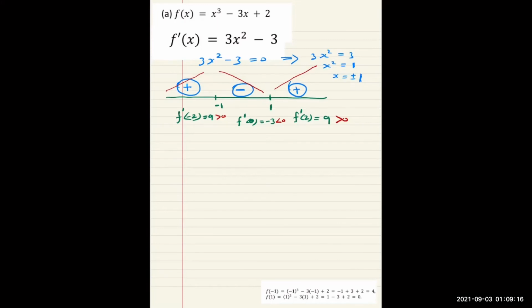Okay. Notice that my function is continuous at x is equal to -1. This is a polynomial. It's continuous everywhere. Not only continuous, it's differentiable everywhere. So I can apply the first derivative test.